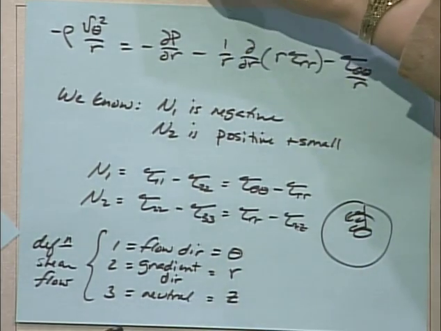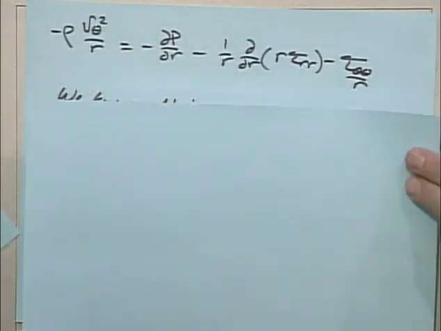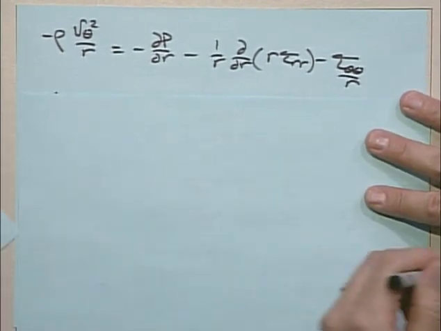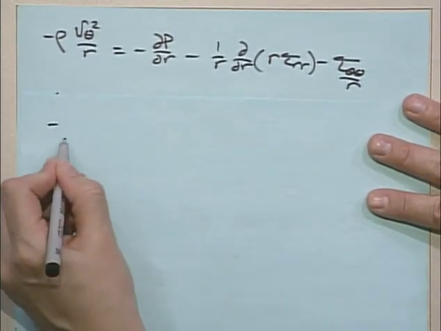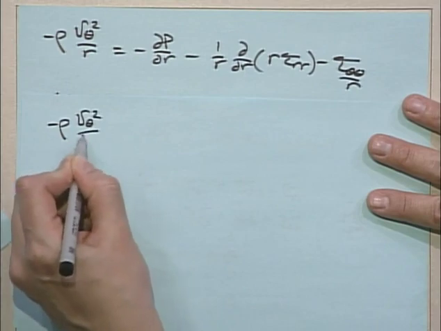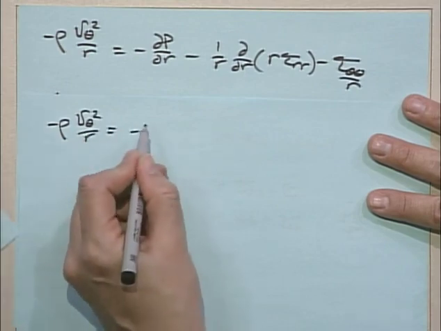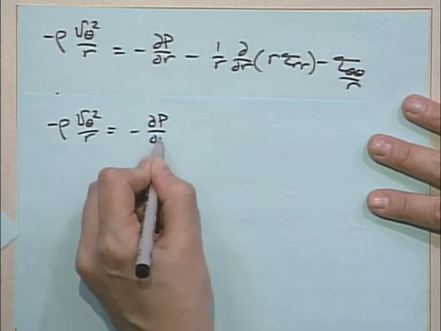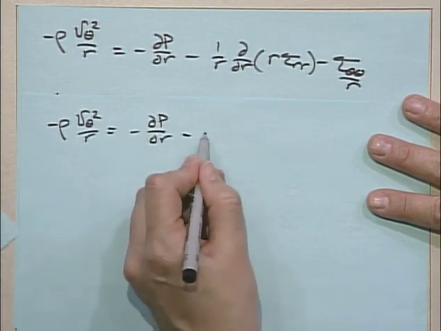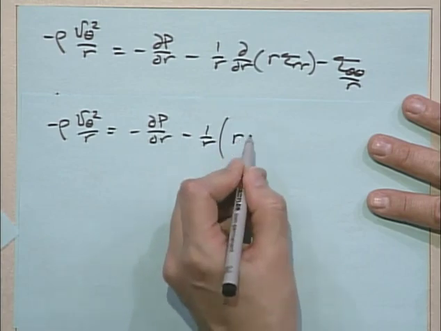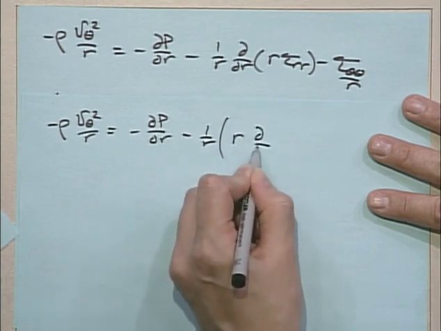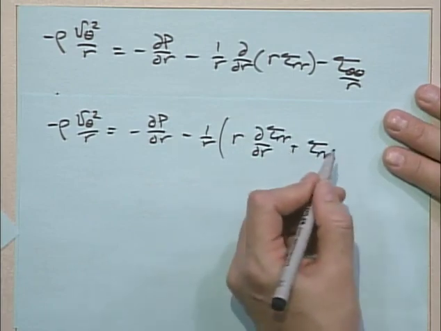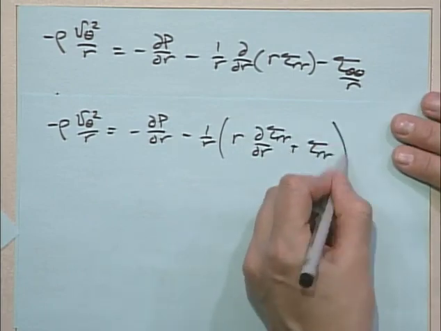Okay, so let's try that. Minus rho v theta squared over r equals minus dp/dr minus 1 over r times the first times the derivative of the second plus the second times the derivative of the first, which is 1.